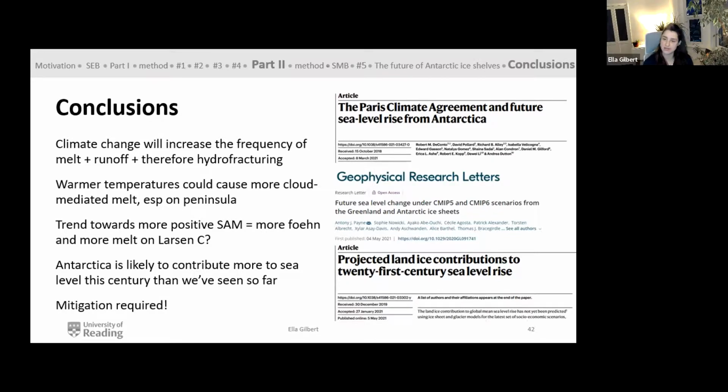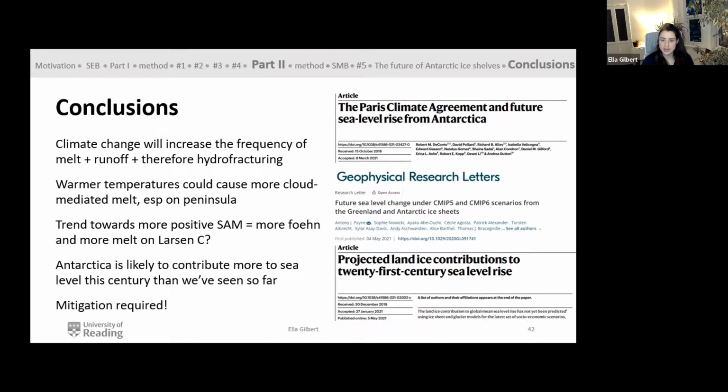It might change the factors that are driving melt in the future, whether that's increasing temperatures and meaning that cloud-mediated melt becomes more important, or increasing the amount of runoff that occurs. Especially on the peninsula, that's likely to happen sooner rather than later. We might see trends towards more Greenlandic conditions on the Antarctic Peninsula and potentially West Antarctica.